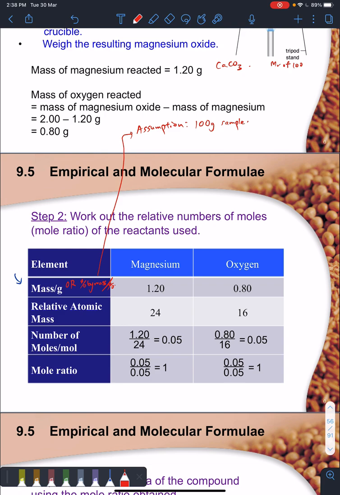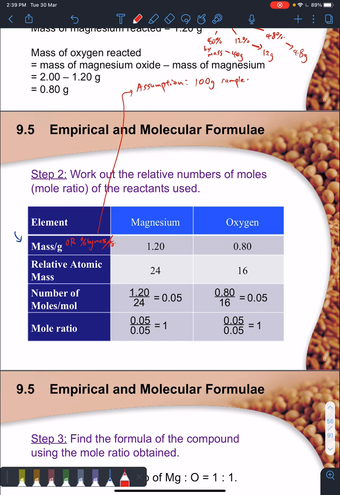Let's say I tell you that this is 40% by mass, carbon is 12% by mass, and this is 48% by mass. So assuming there is 100%, that means 40% will give you 40 gram, 12% gives you 12 gram, 48 gram. This is an assumption that we automatically make, and we don't have to prove it to them. Don't worry. So first step, mass or percentage by mass.